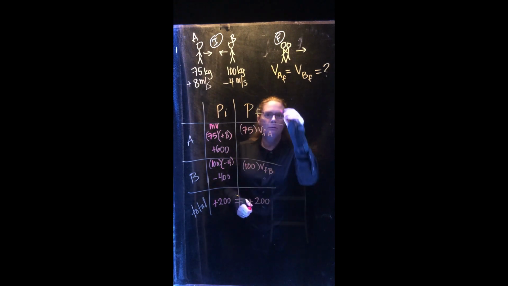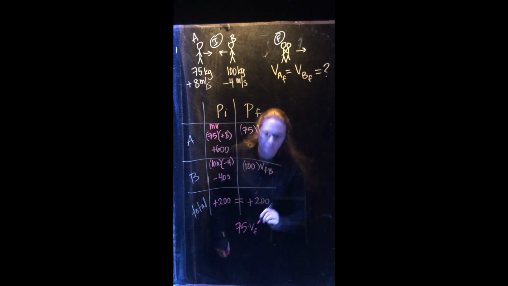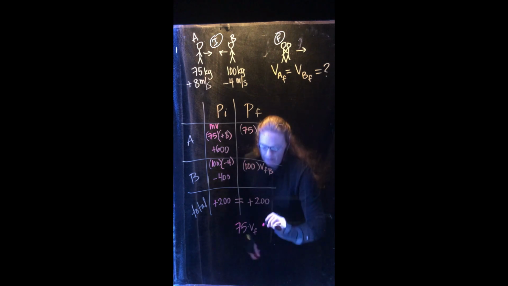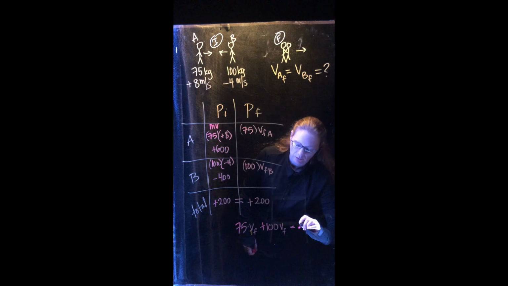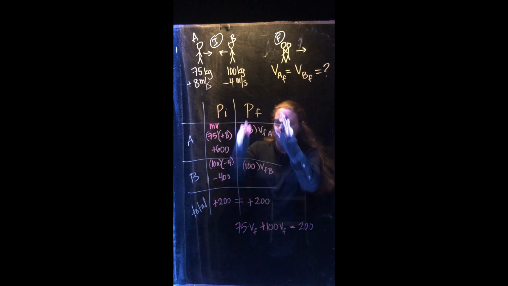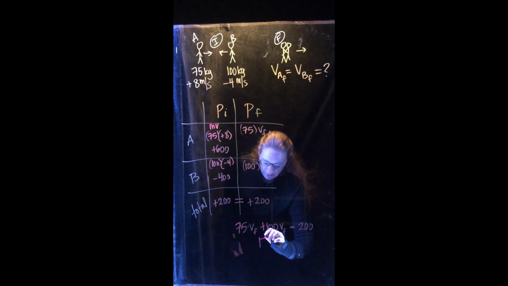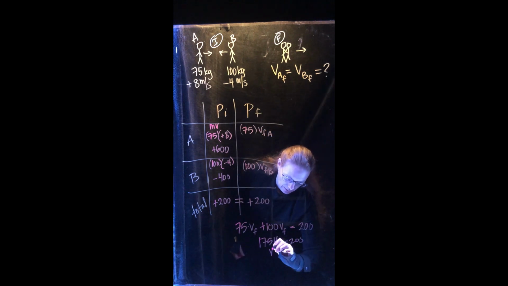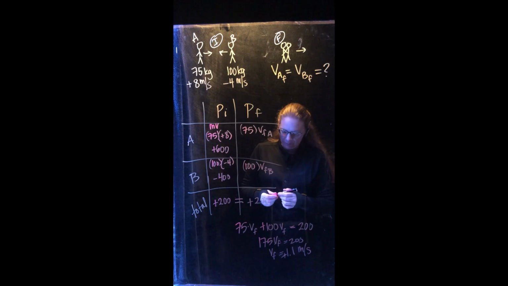Down here, 75 times V final, and I know these are the same, plus 100 V final equals 200. So we have 175 V final equals 200, and if you do the math, you should get 1.1 meters per second positive.